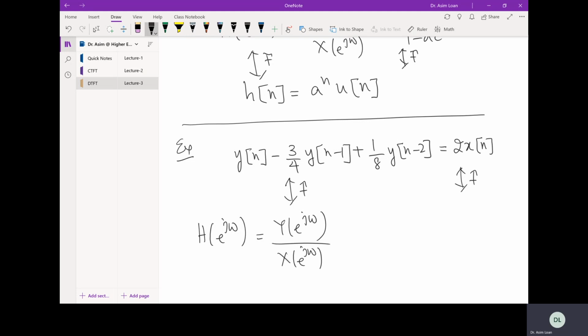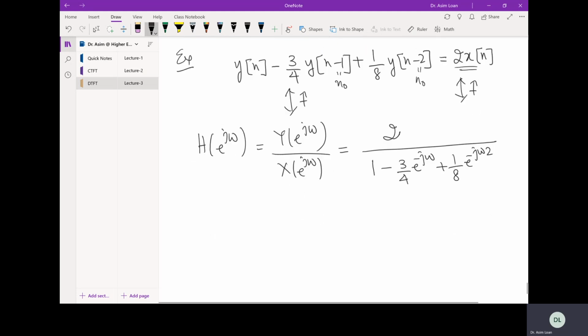The numerator is 2, divided by 1 minus 3/4 e^{-j omega} plus 1/8 (e^{-j omega}) squared. There is no need of n naught there.